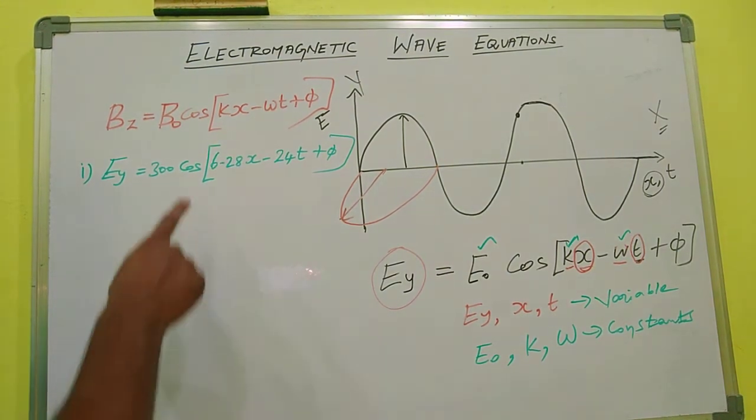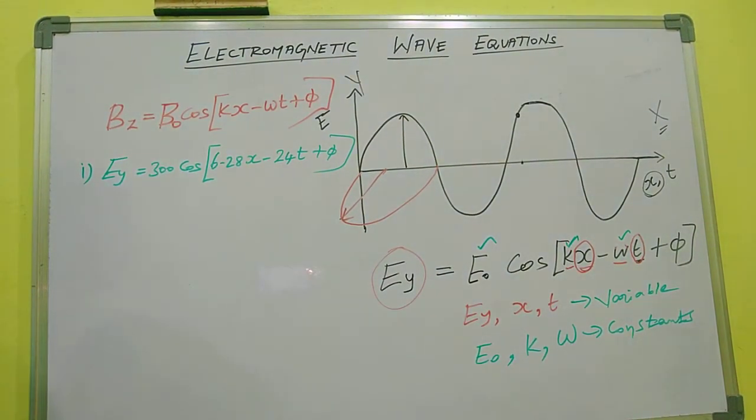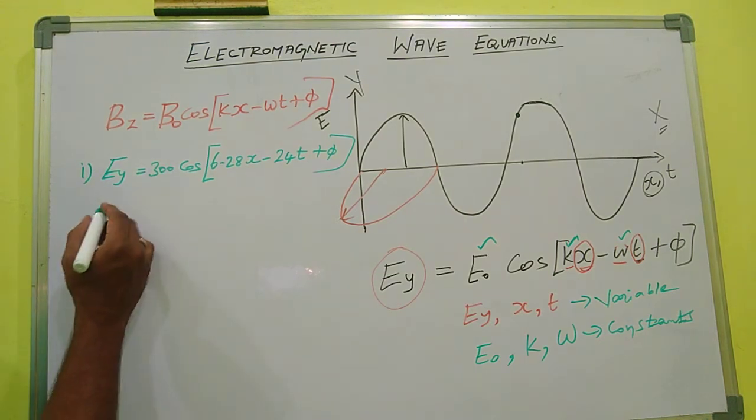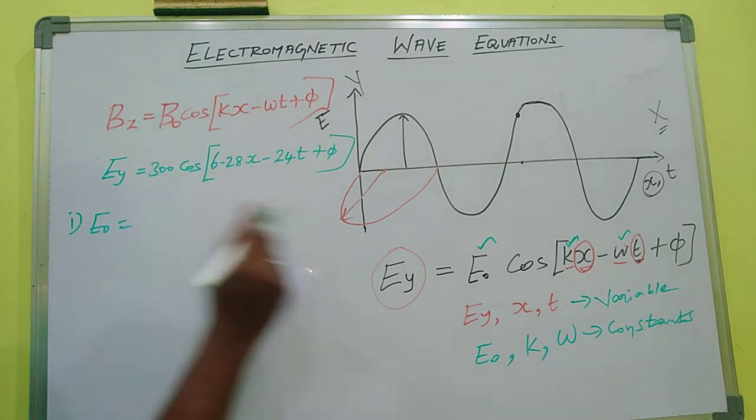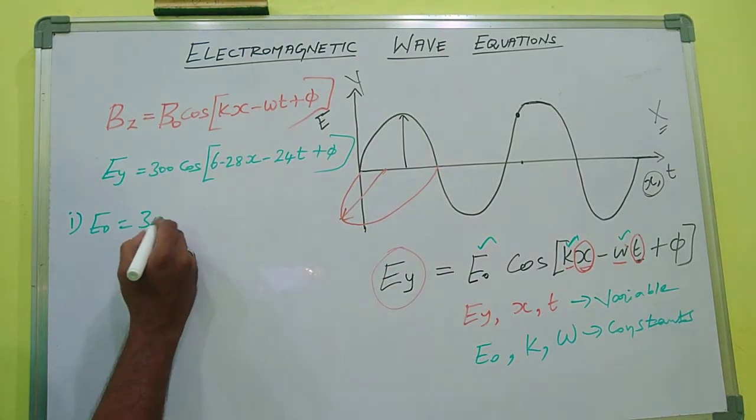First, we compare this equation with the standard equation. First we have to find E naught. E naught is equal to how much? Here E naught is equal to 300.